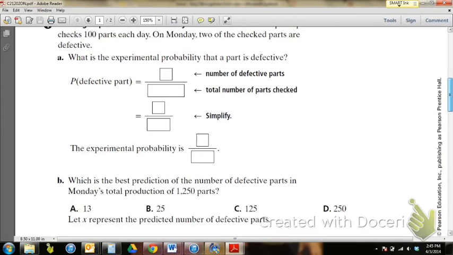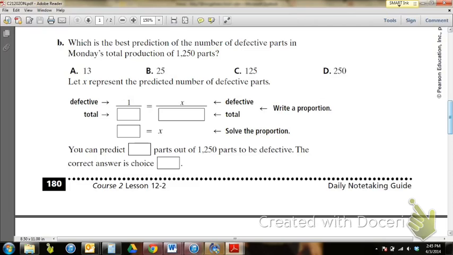Which is the best prediction of the number of defective parts in Monday's total production of 1250 parts? Well, the experimental probability that we got was 1 out of 50. So how many would that relate to out of 1,250? So if I solve this, 50 goes into 1250 how many times?